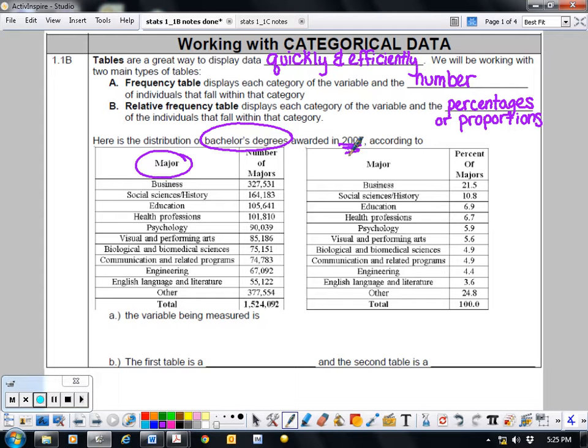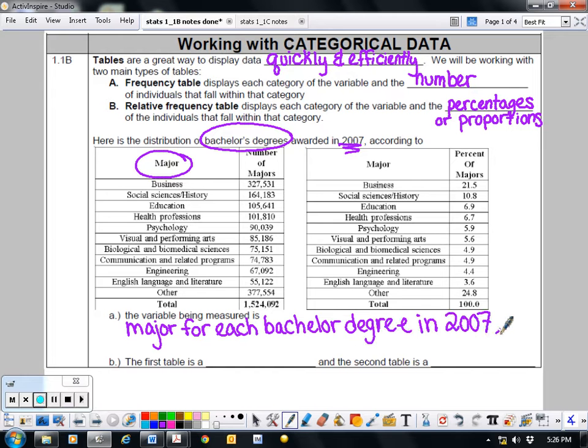So the variable being measured is the major for each bachelor degree in 2007. Now this may be for a specific school or it may be for a state. They don't give us that information, but at least we can identify what this information is.